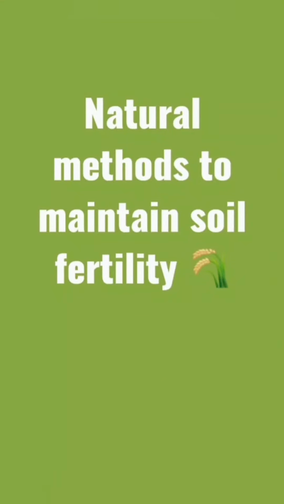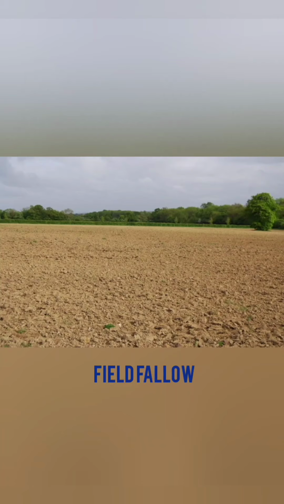Let's begin with some natural methods to maintain our soil fertility. The first one is field fallow. One method of allowing land to naturally regain its nutrients is to leave it free or fallow for one or more seasons. The dead plants, animals and other organic matter that get collected on the field are decomposed by microorganisms.